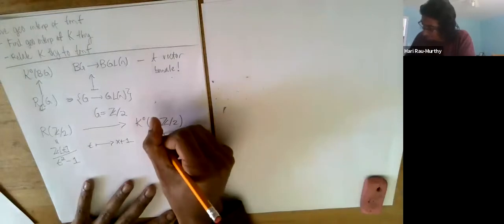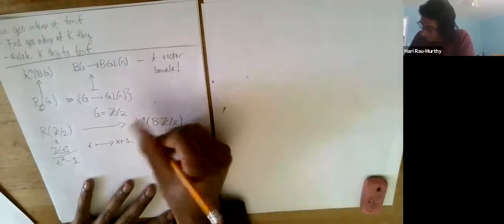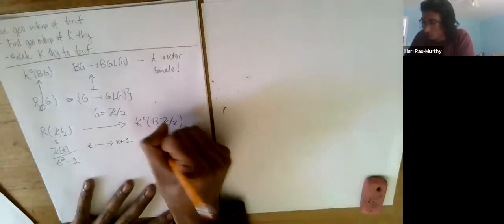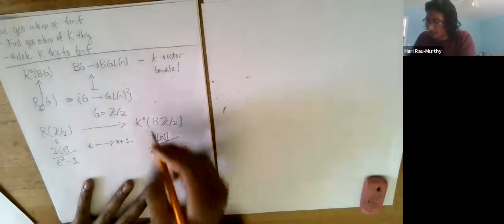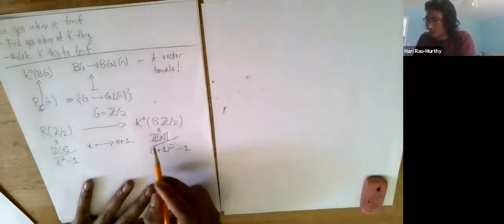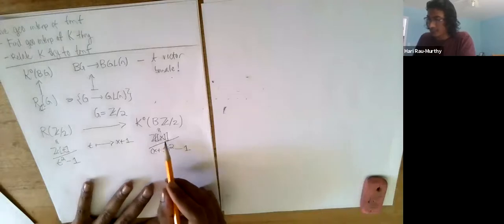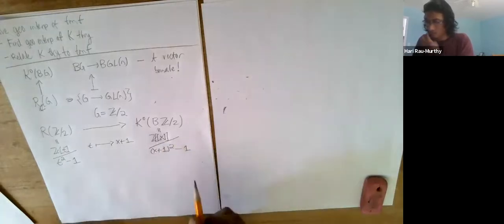So this actually needs the double adjoint over here. The K-theory of BZ mod 2 is power series in X modulo (X plus 1) squared minus 1.